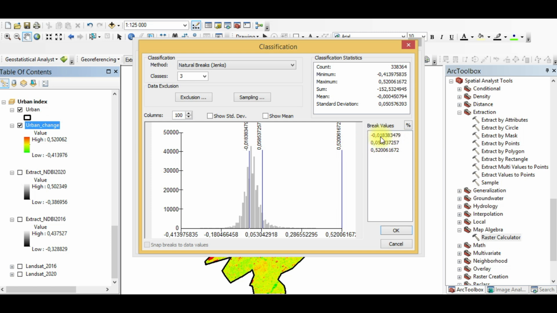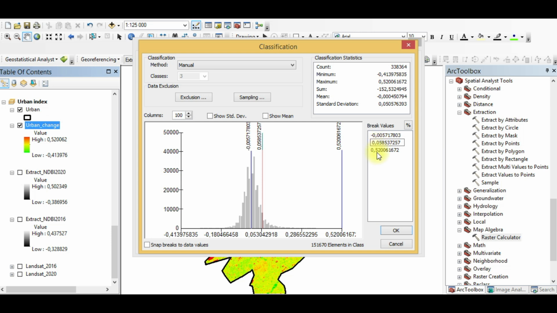So from minus, let's make this area even smaller, close to 0. This is close to 0, and this one is also close to 0.